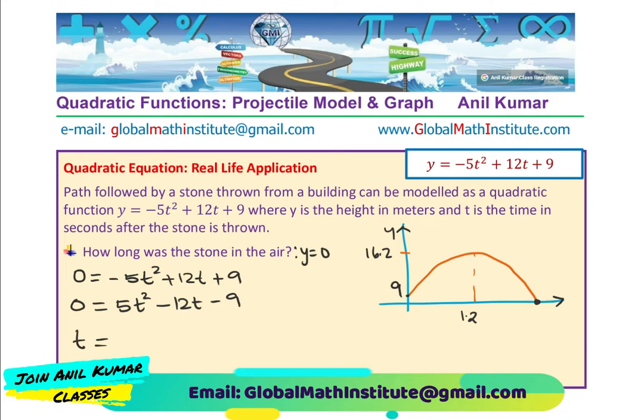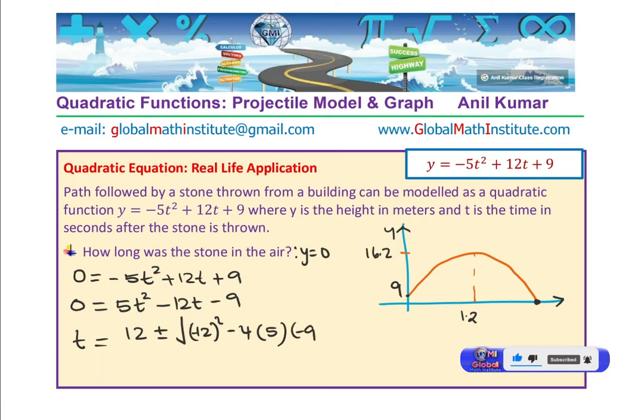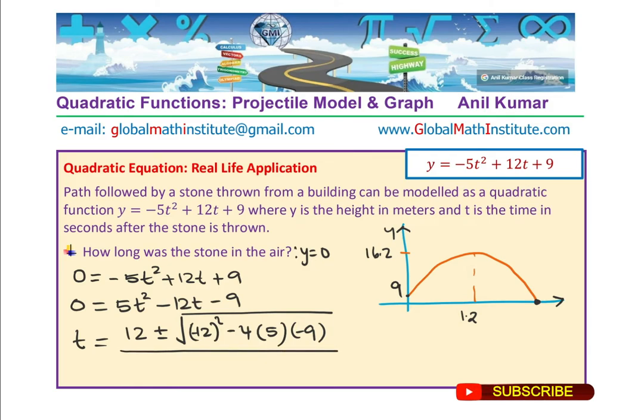So t is minus b, the quadratic formula. So which is 12 plus minus square root of b square, which is 12 square minus 4ac. For a is 5 for us and c is minus 9. Over 2 times a, which is 5. Correct? So that is what we have.